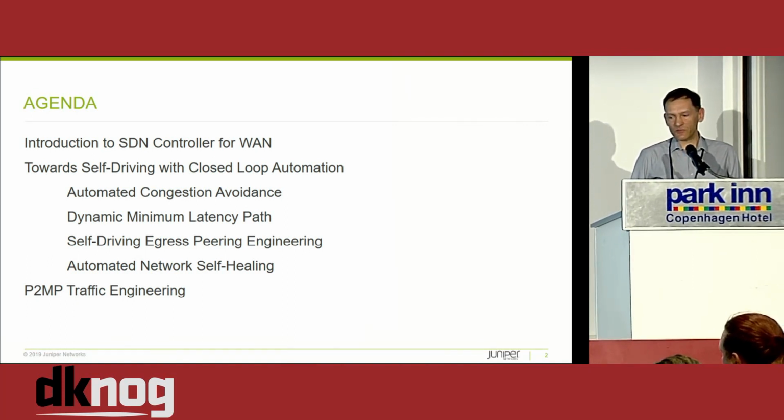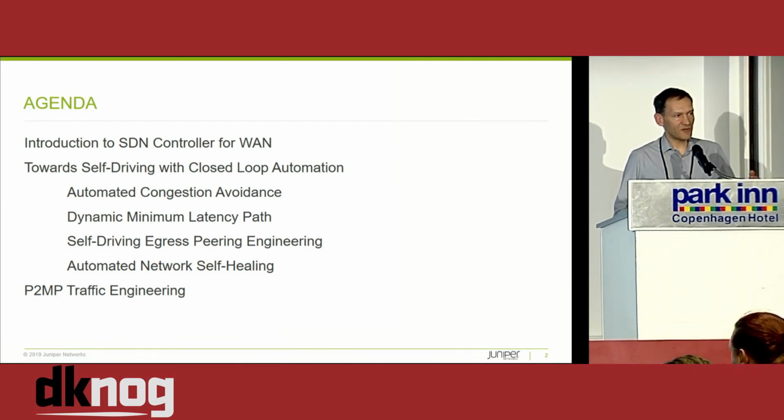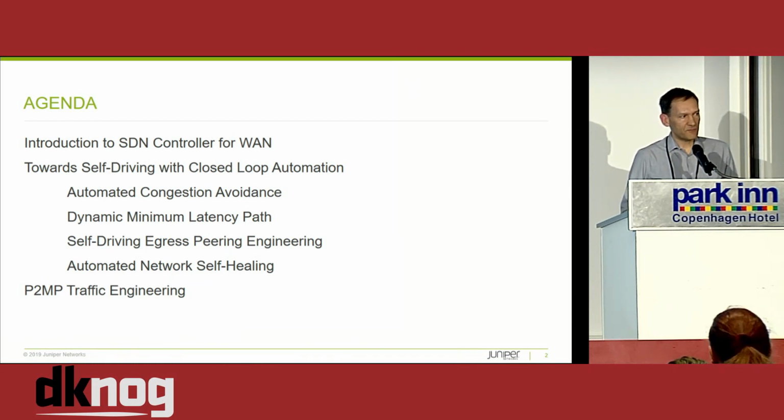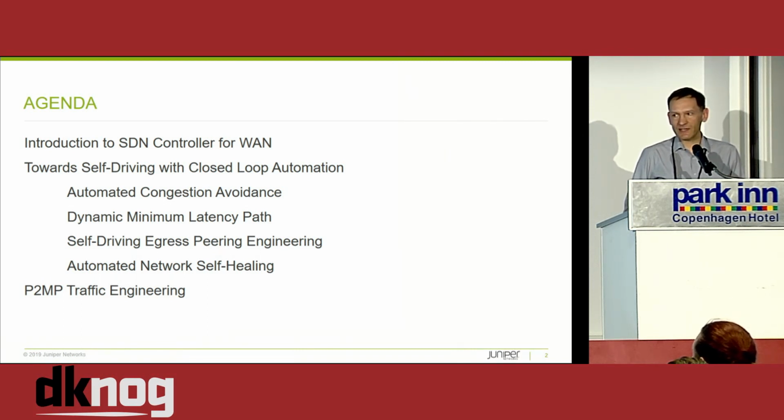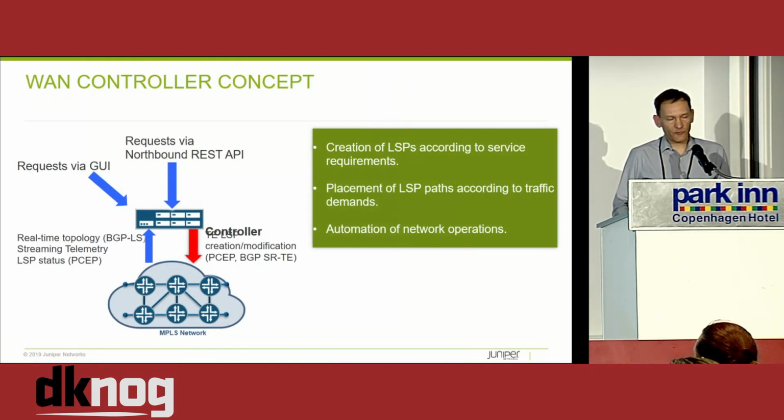And also automated network self-healing, which is an automated way to drain traffic from a part of the network that's suffering a grey failure, which, as you know, is very insidious and difficult to detect traditionally. And finally, point-to-multipoint traffic engineering, which is very popular in the world of broadcast TV and market data and air traffic radar.